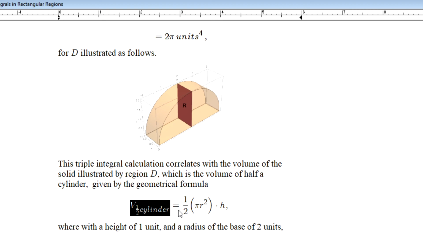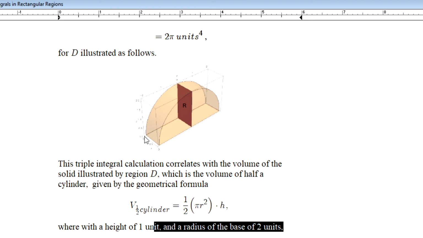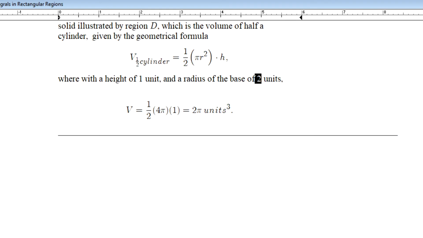Volume for half a cylinder is 1/2 pi times its radius squared times its height. Now this is a cylinder that has a height of 1 unit and a radius of 2 units. So when we substitute in those values, the volume would be 1/2 times 4 pi times 1, which is 2 pi units cubed.